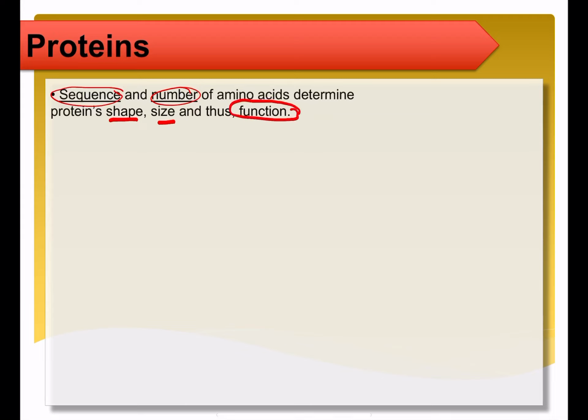Okay, and remember I said the very important thing to remember about protein is structure is to function. If you have the right structure, you're going to have the right function. Okay, if you don't have the right structure, you're going to lose that function. Okay, because a lot of times how proteins work is based on their 3-dimensional structure.